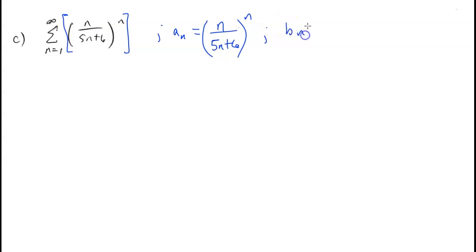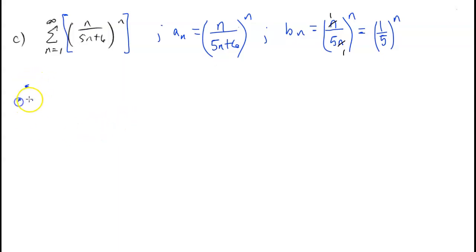The corresponding b sub n for this will chop off that plus 6 there, and we'll just say that this is n over 5n, all that raised to the n. And of course, we know that these n's here would reduce to 1, and all that we'll have left there is 1/5, all that raised to the n. Okay.